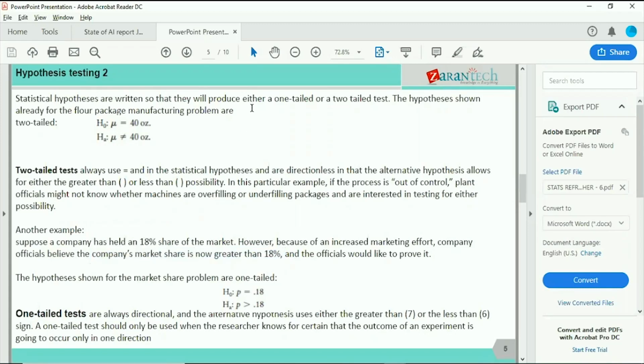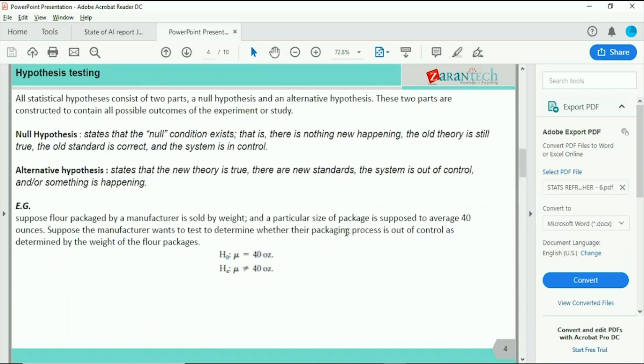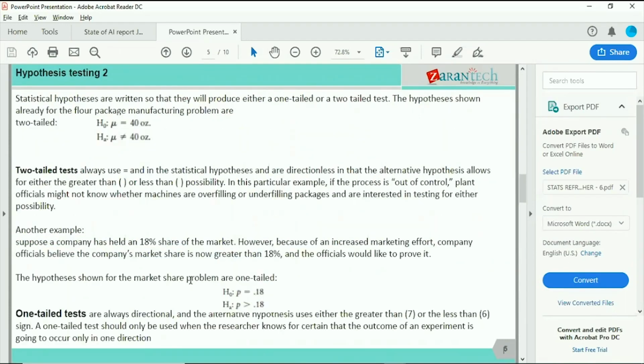So in the flour package problem, the issue was that it is out of control. It was not about greater than or smaller than. But in this case, the claim is that it is now greater than 18%. So the alternate hypothesis is greater than 18%. This is a one-tail test because I know I have to go in only one direction.